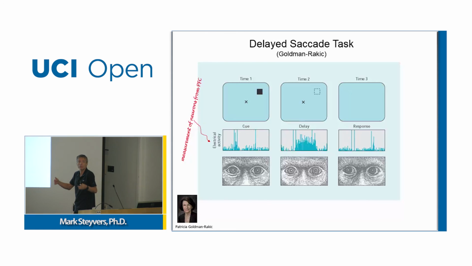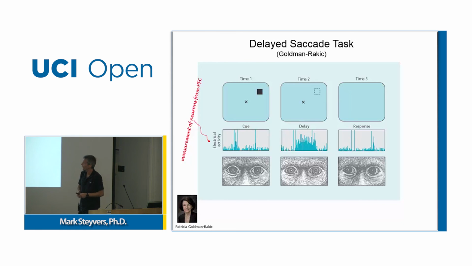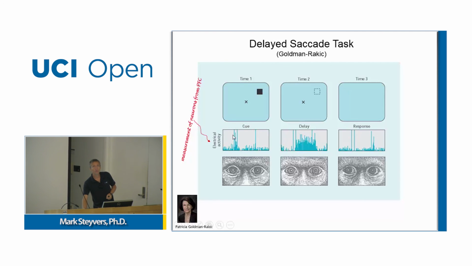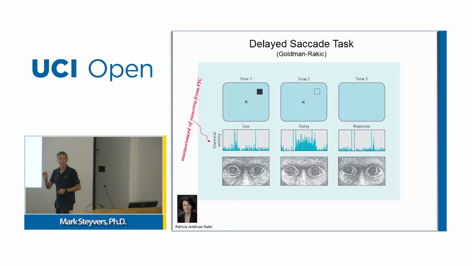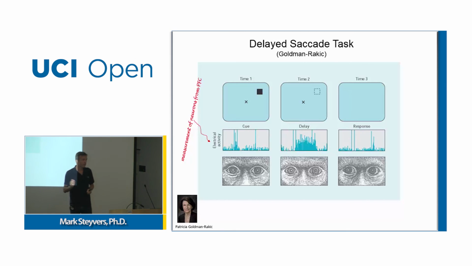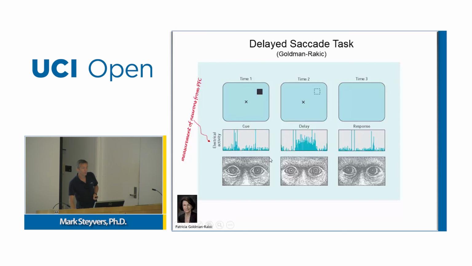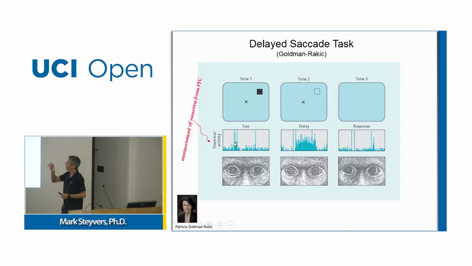Hold on to information for at least 3 seconds. Now the middle panels show you the responses of individual neurons in the prefrontal cortex of this monkey. So it shows you these blue peaks are individual spikes, and the horizontal axis is time. So it shows you how these neurons fire over a period of time.